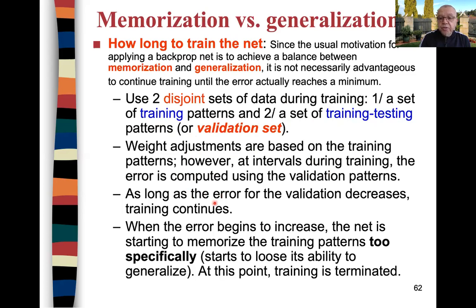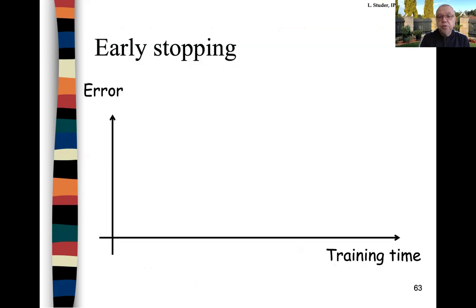As long as the error for the validation set decreases, you continue training. But when the error begins to increase, the network is starting to memorize the training patterns too specifically, and it starts losing its ability to generalize. At this point, training should be terminated.